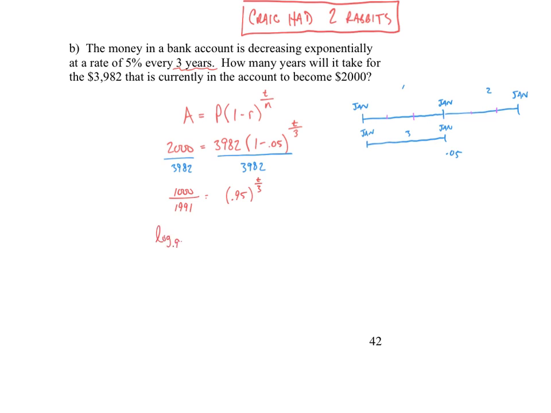Log base 0.95 of 1,000 over 1991 equals t over 3. And I'm almost done. Got to get rid of that 3. So I'm going to multiply both sides by 3. So in my calculator, I can use the log base function and calculate 3 times log base 0.95 of 1,000 over 1991, and that will give me the time.